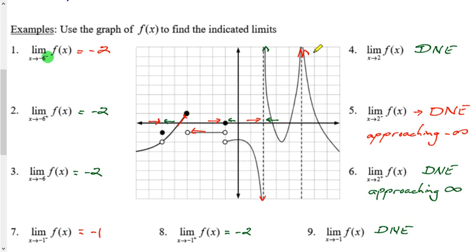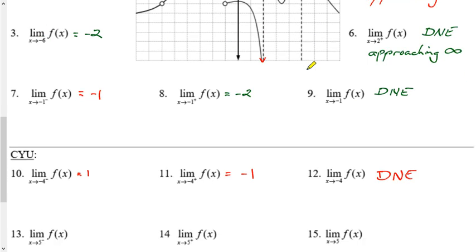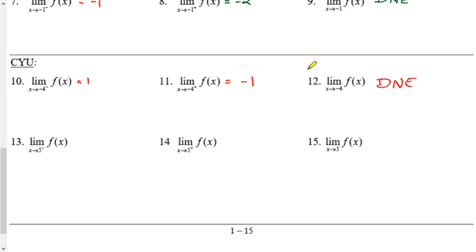So we would say that the left-hand limit does not exist, but is approaching positive infinity. The right-hand limit does not exist, but it's approaching positive infinity. So the limit at that point also does not exist, but we can say it is approaching positive infinity.